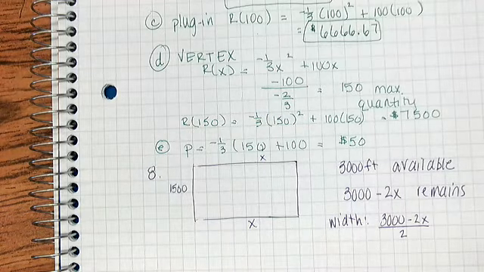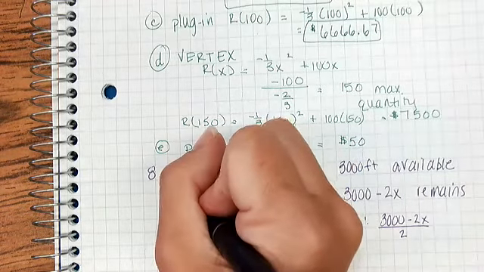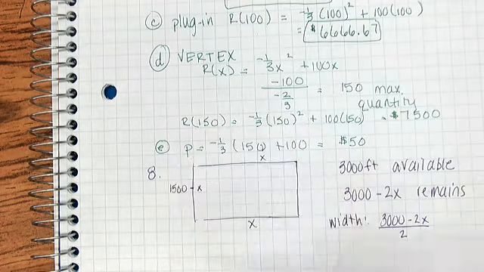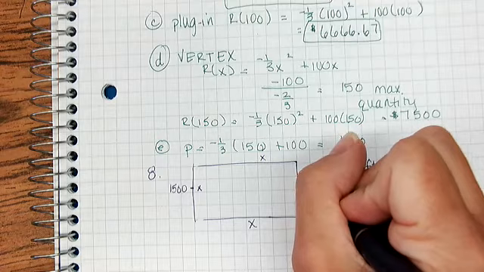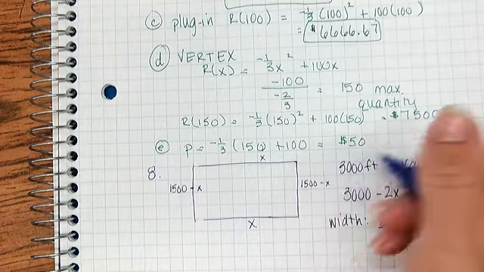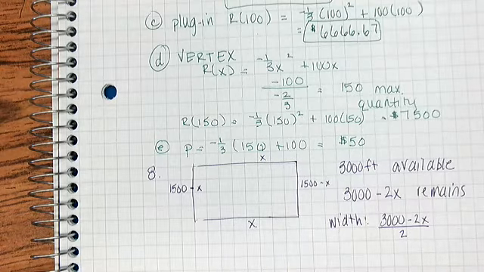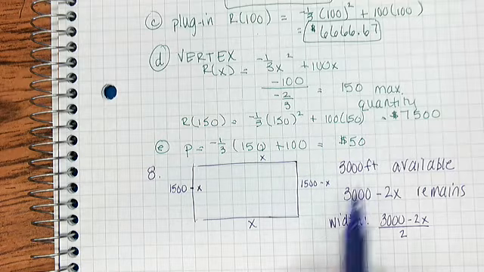Sorry, not 1500 over x, 1500 minus x. I misspoke. When you add up these 4 sides, I believe we do get 3000.